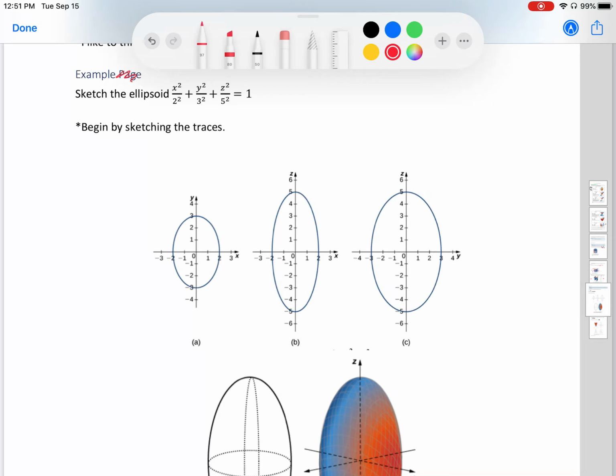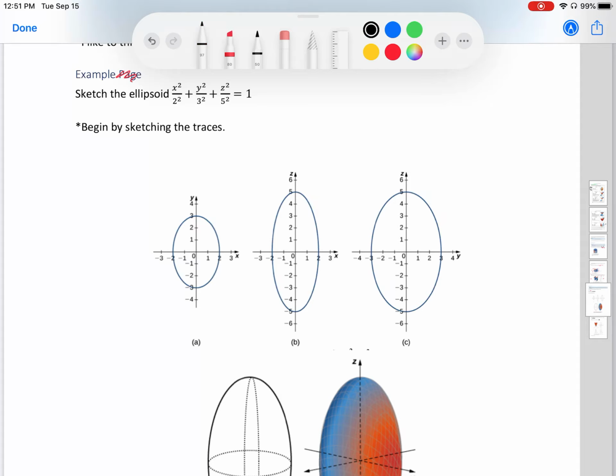Sketch the ellipsoid x squared over 2 squared plus y squared over 3 squared plus z squared over 5 squared equals 1. Begin by sketching the traces. So here I have the traces. Now, what is each trace?